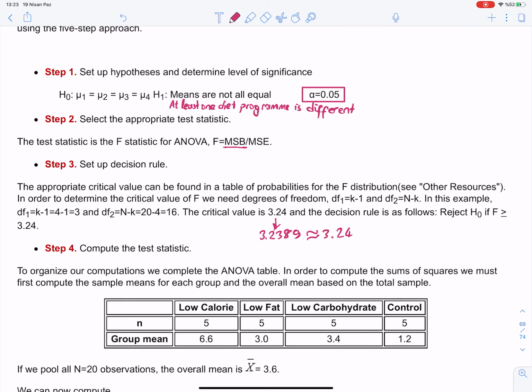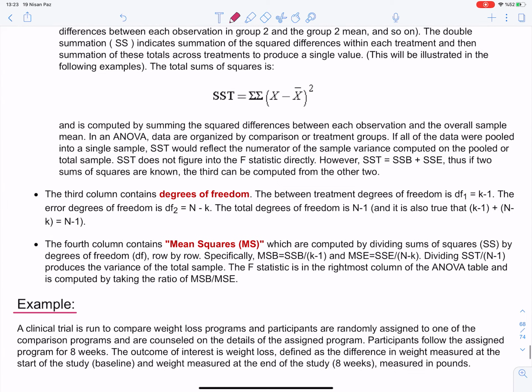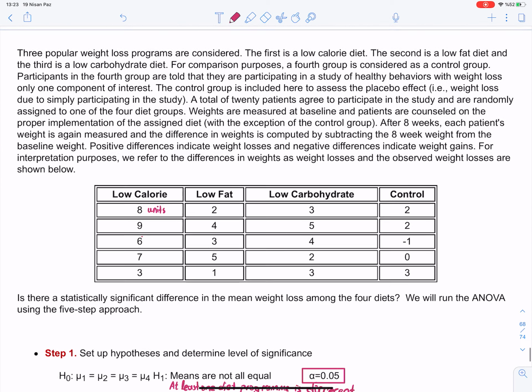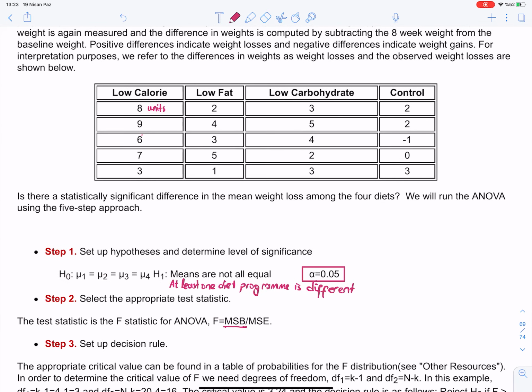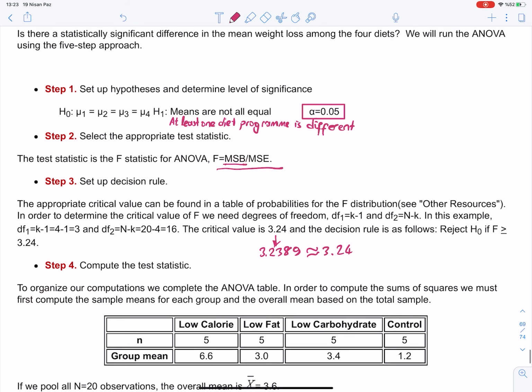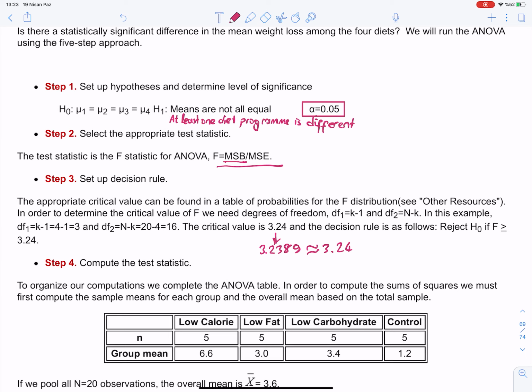If the statistic you calculate using the F statistic is greater than 3.24, you reject the null hypothesis of equal mean weight loss. It means at least one program is different, more successful or less successful. That's how you conclude in the end.